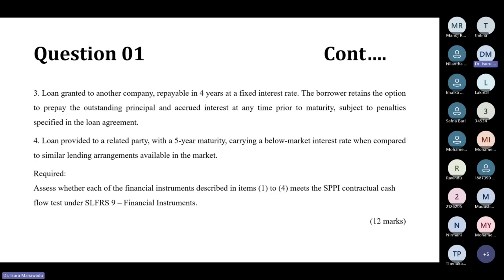Loan granted to another company. That's an asset for the company who granted it. Repayable in 4 years, fixed interest rate. Fixed, right? 4 years fixed. The borrower retains the option to prepay the outstanding principal and accrued interest at any time prior to the maturity, subject to penalties specified in the loan agreement.